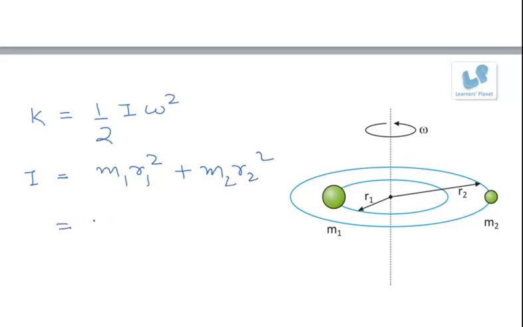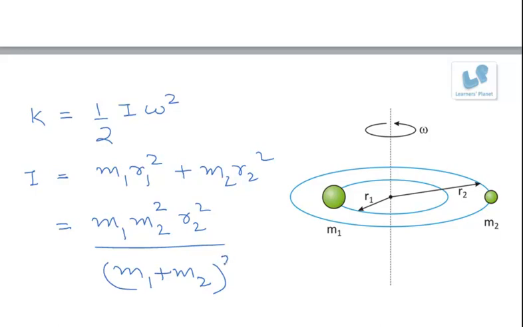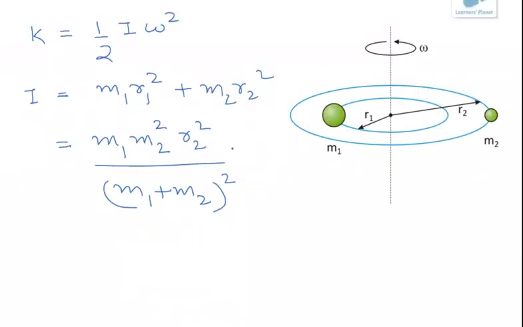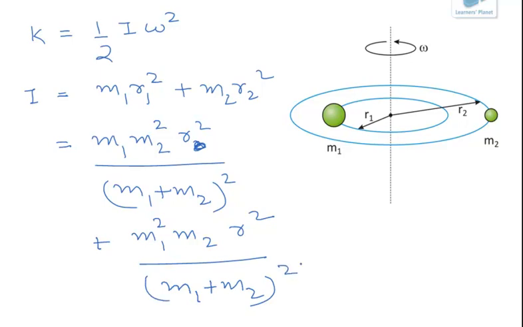Now which can be further written as m1 m2 squared r squared upon m1 plus m2 whole squared plus m1 squared m2 r squared upon m1 plus m2 whole squared.